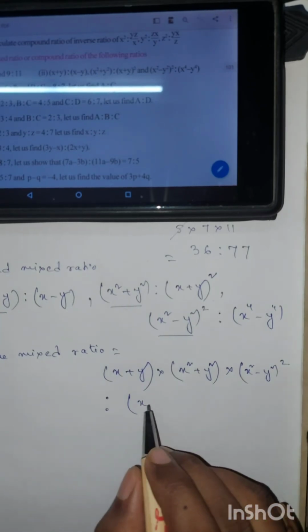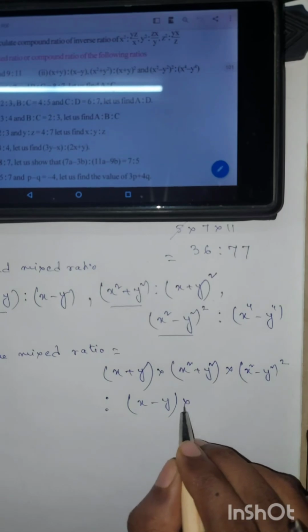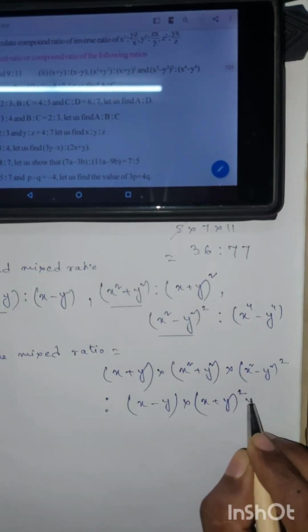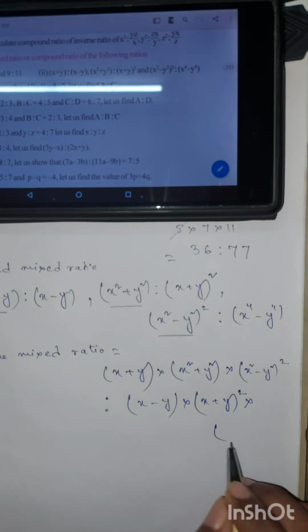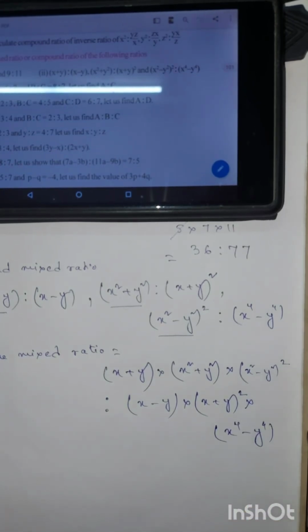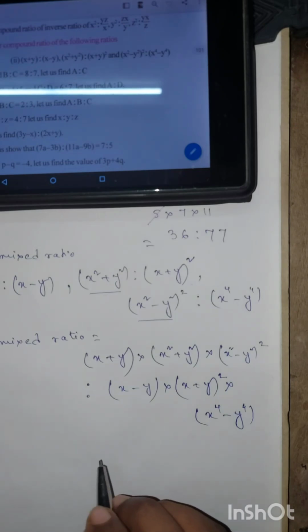So it is x minus y into x plus y into, so this is our mixed ratio.